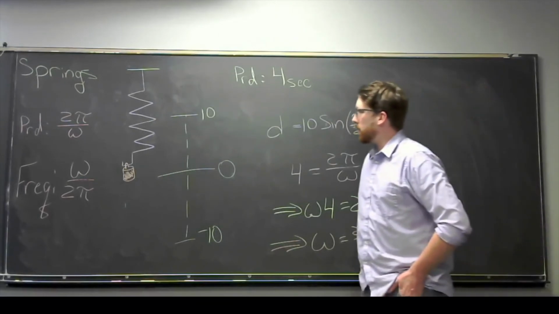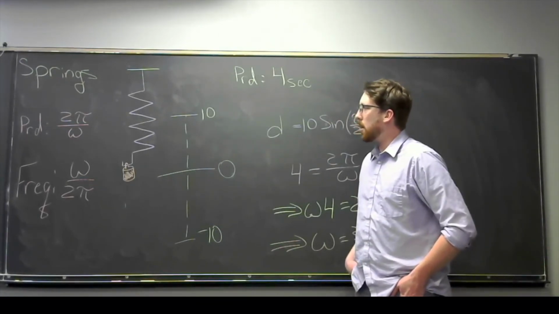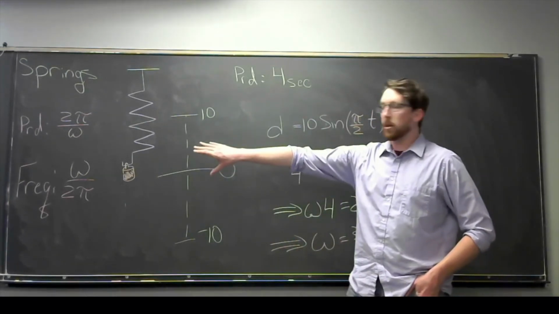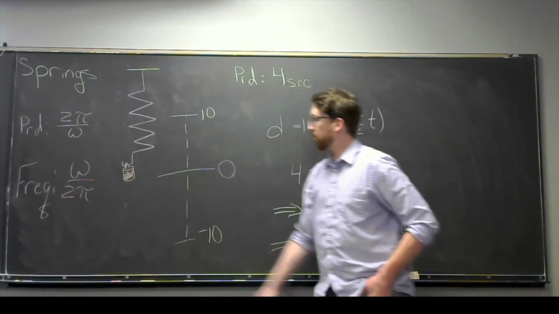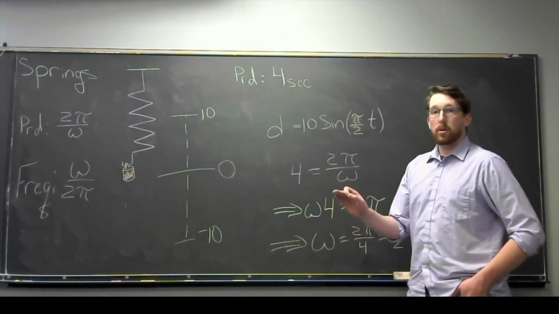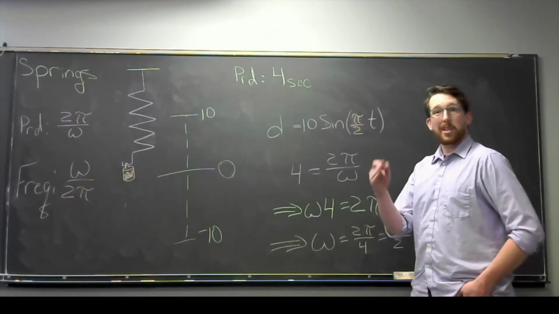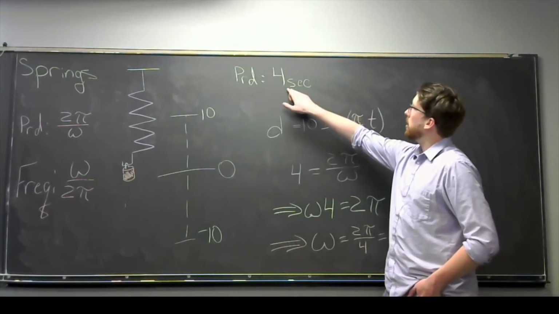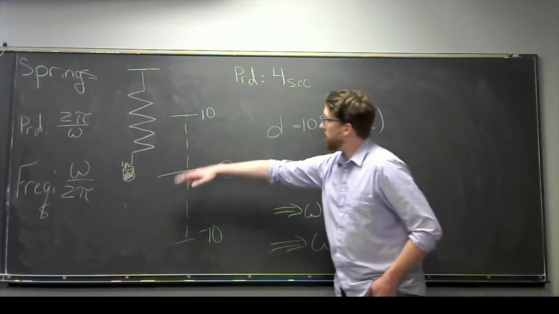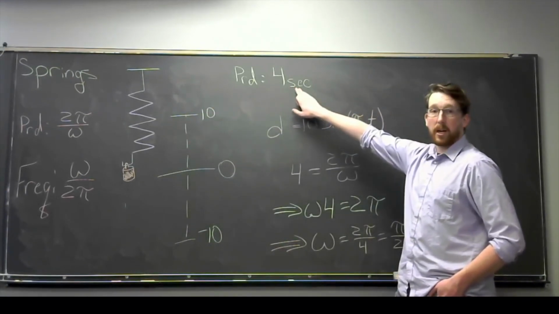So all we've done here is we've said, I want to create a model for the motion of this oscillation. I want my model to start at 0 when time is 0. And I know that the period of this motion is going to be 4 seconds.